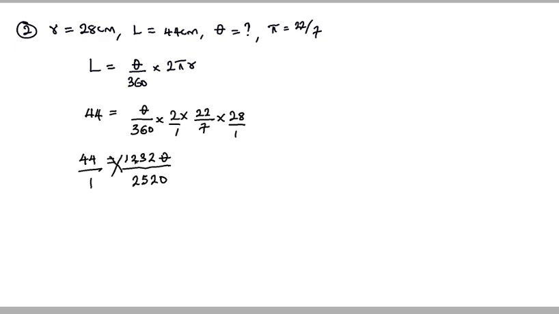So 1232 theta times 1 gives us 1232 theta, then 2520 times 44.